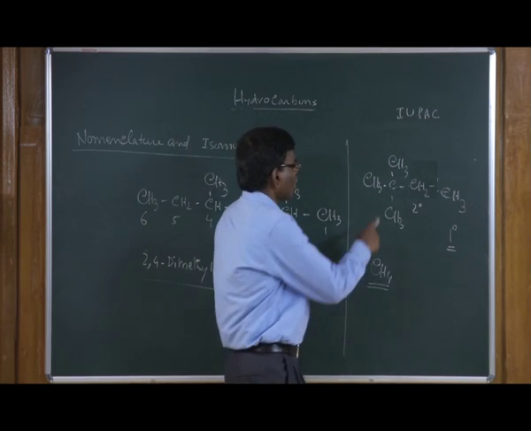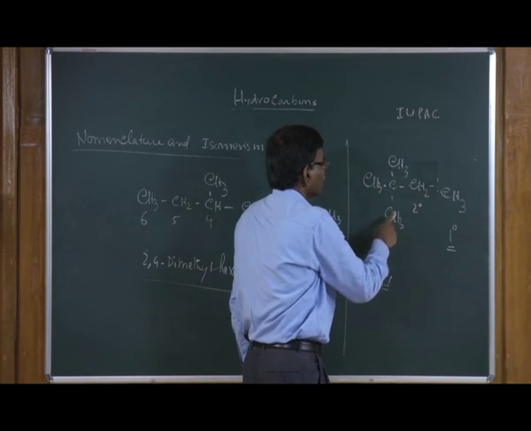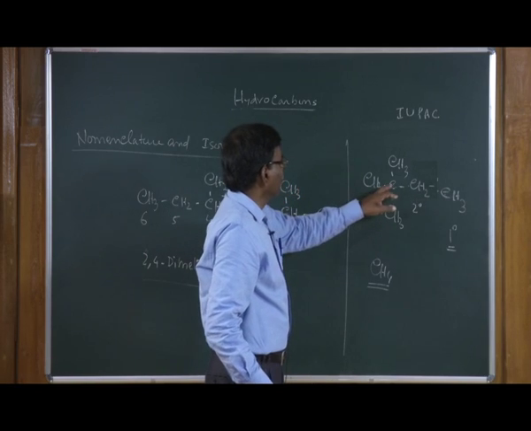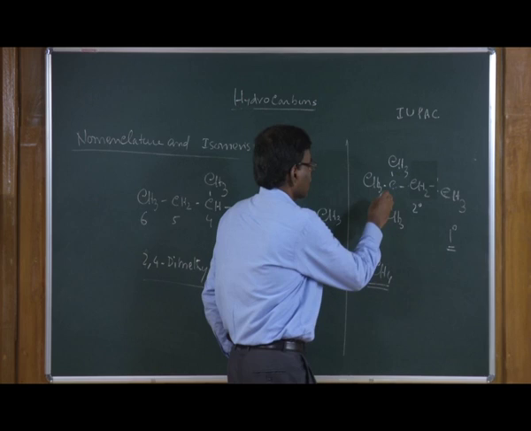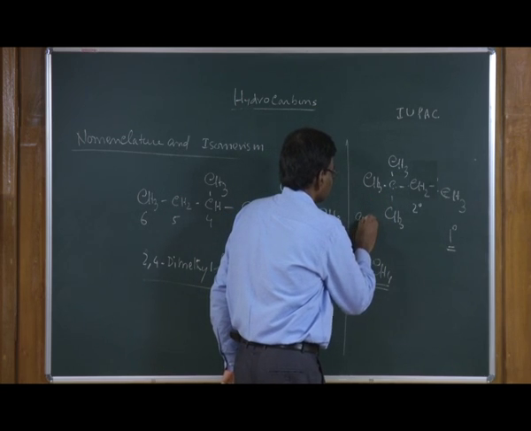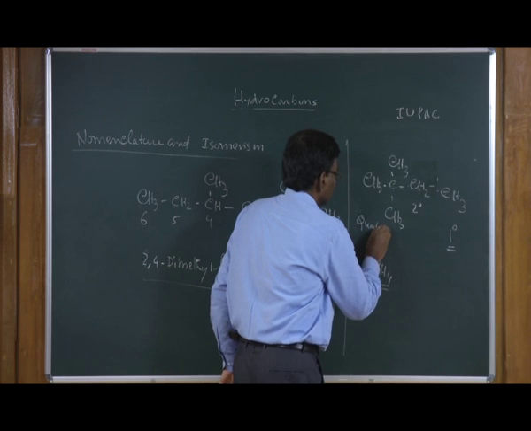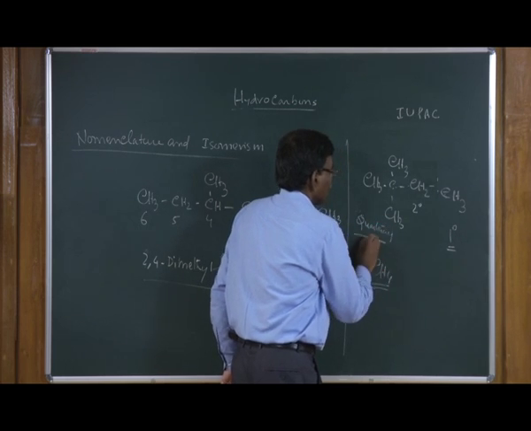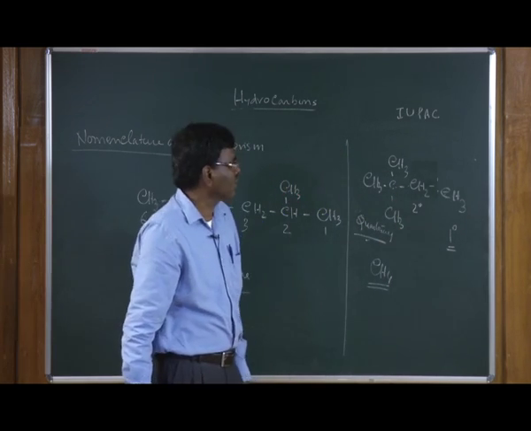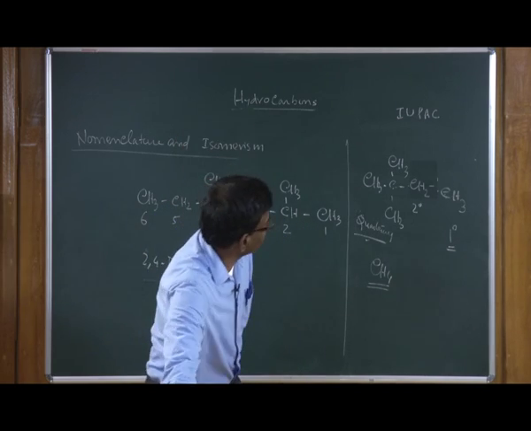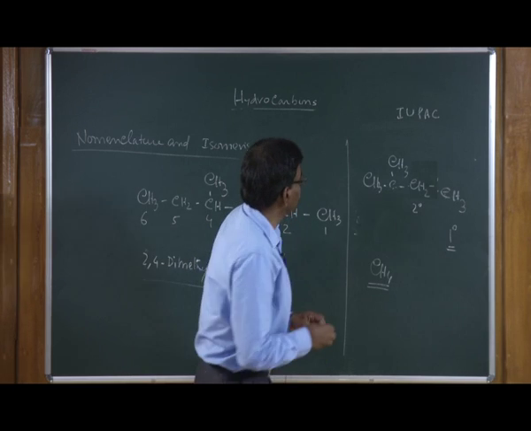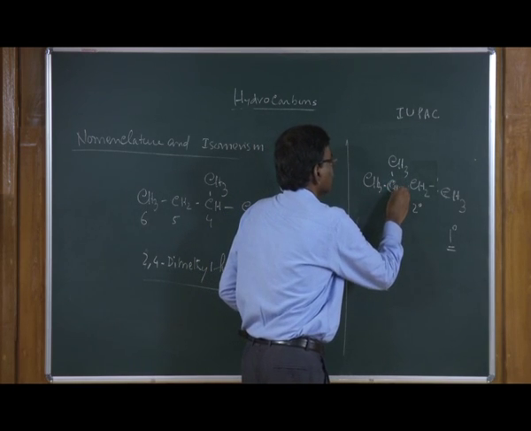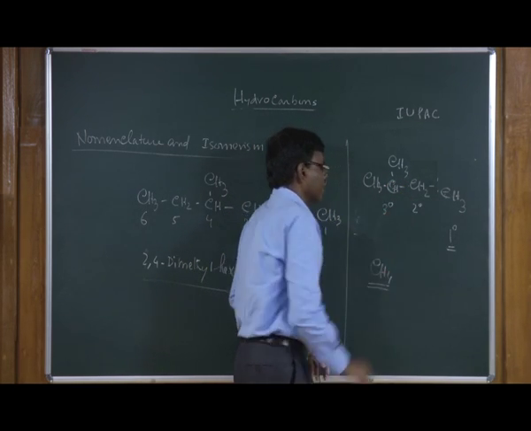When the carbon is bonded with 4 carbon atoms, this is called a quaternary carbon atom. On the other hand, if it has this, this is called a tertiary carbon atom.